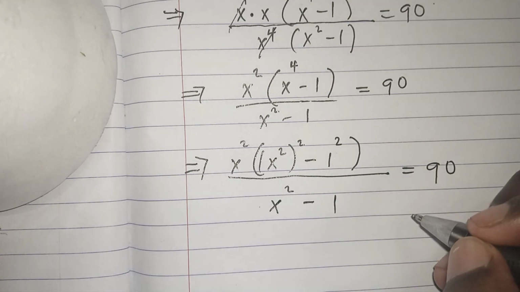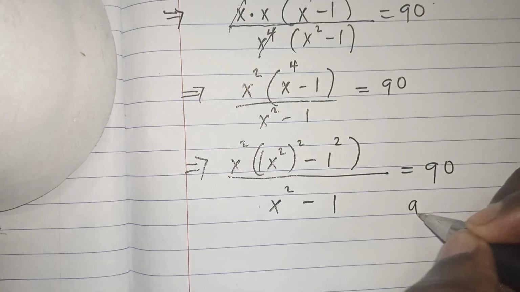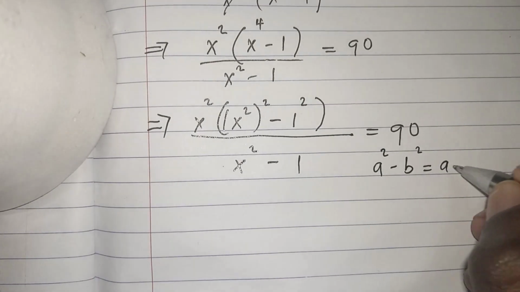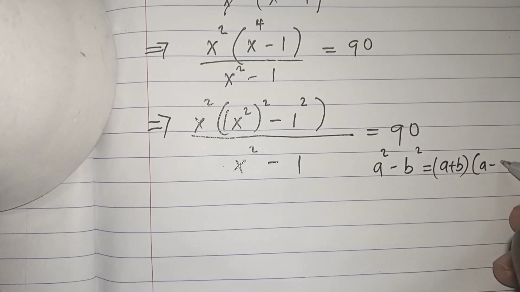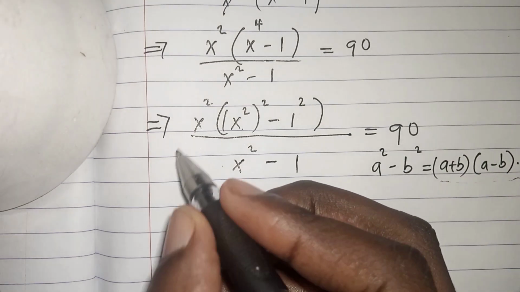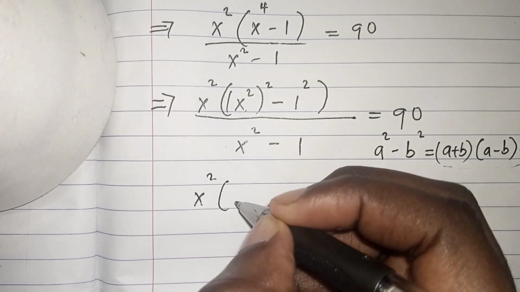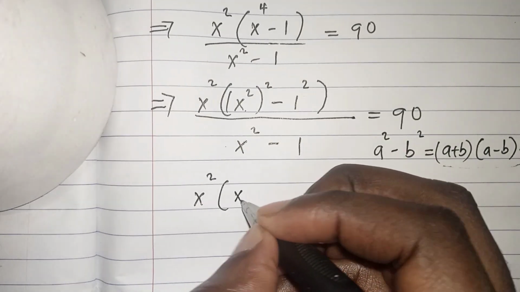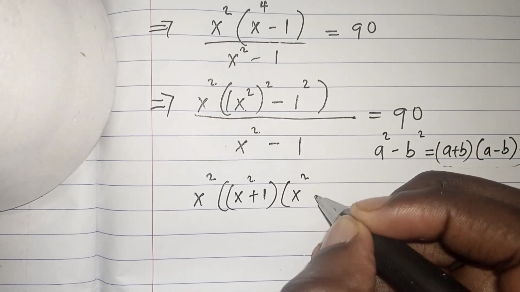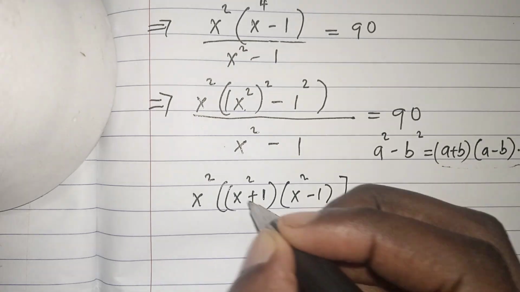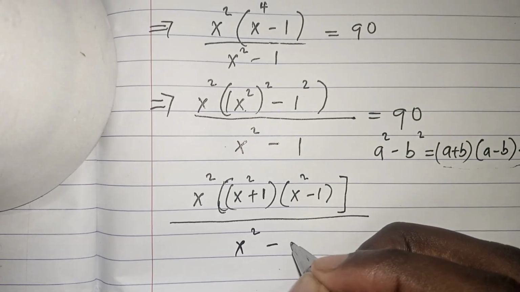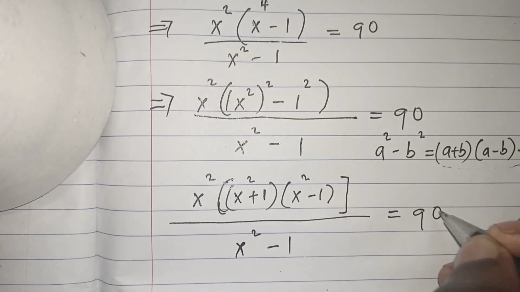So we are going to use this identity: if you have a squared minus b squared, it is equivalent to a plus b into bracket a minus b. So we are going to express this in this form. So our a here is x squared, so x squared plus 1 bracket x squared minus 1 bracket, then our bigger bracket over our denominator x squared minus 1, is equal to 90.